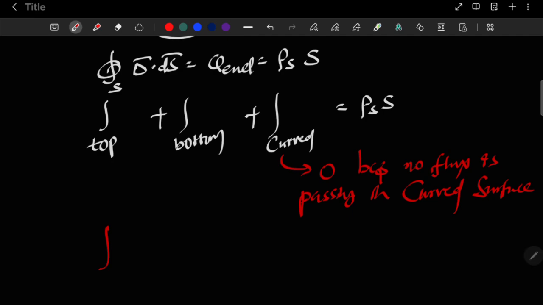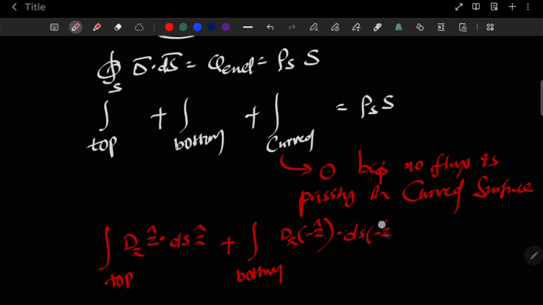Otherwise here we can write D bar is nothing but Dz into z cap dot dS into z cap, plus bottom. So this is top, this is bottom. Here Dz is available in the negative z direction, and the surface direction is also the negative direction.